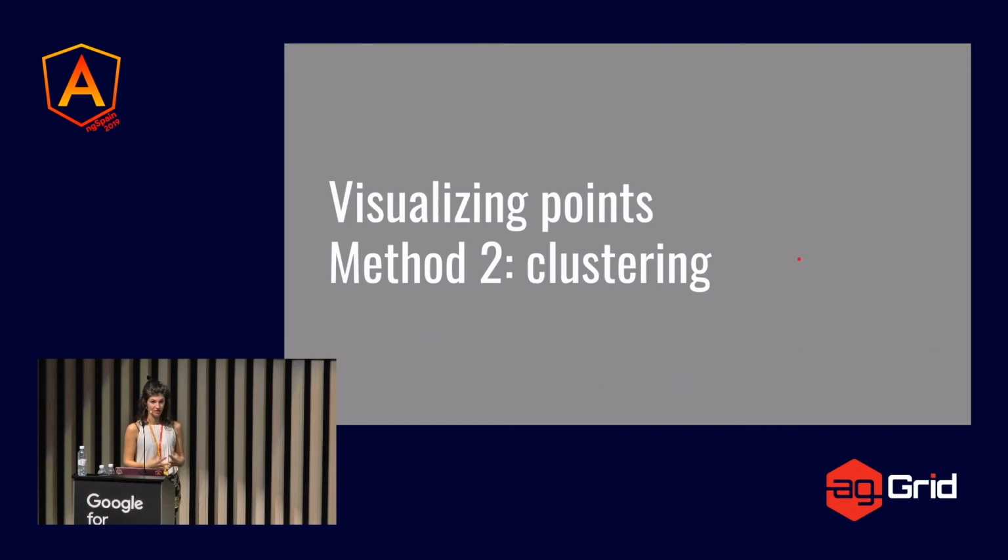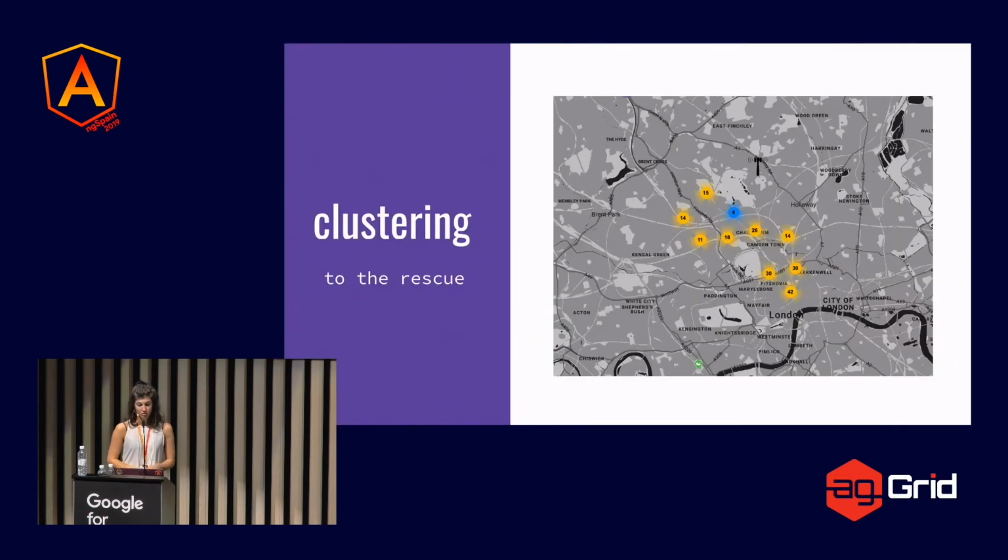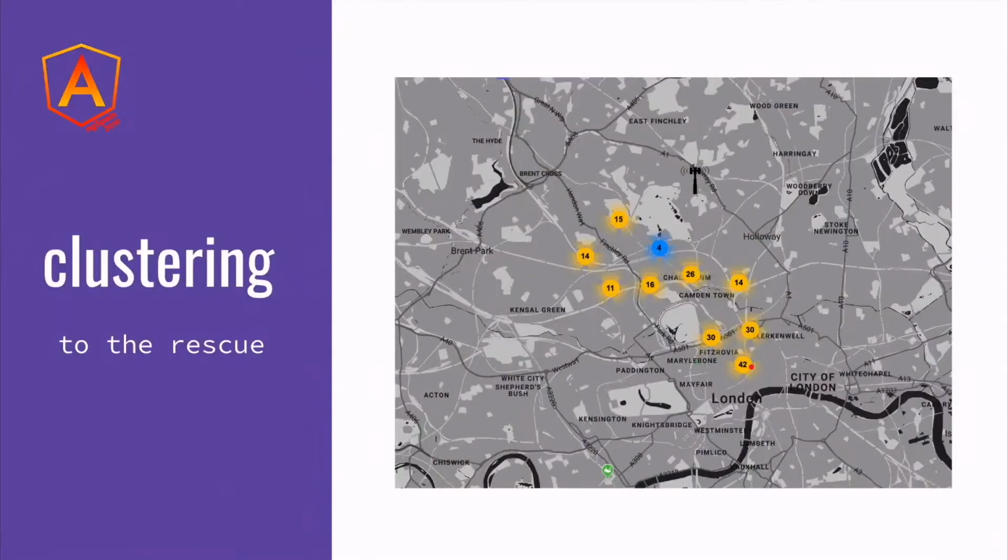You use clustering. Clustering is a very famous, very popular method of visualizing markers. Google Maps offers you clustering. What clustering does is cluster the bunches of telephone masts together and tell you how many they are in each space, which is a lot more helpful, right?